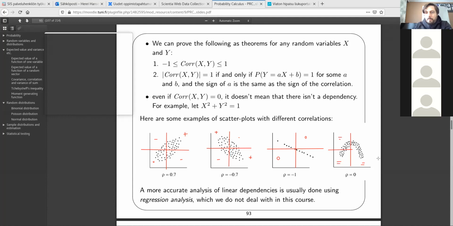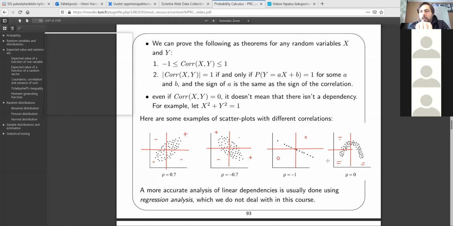And if there are roughly equal amounts in all of these quadrants, then the correlation seems to be 0. Whereas there is clearly a dependency between those two, right? So correlation doesn't reveal even all the obvious dependencies, but it does reveal these kinds of linear dependencies.